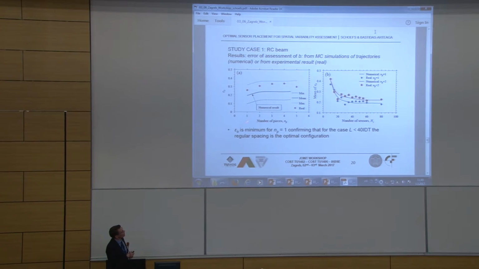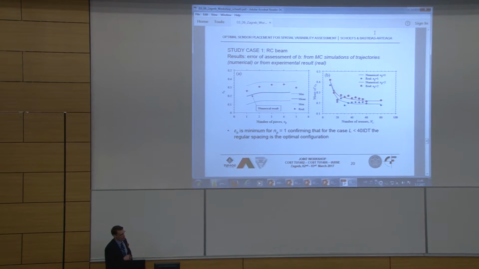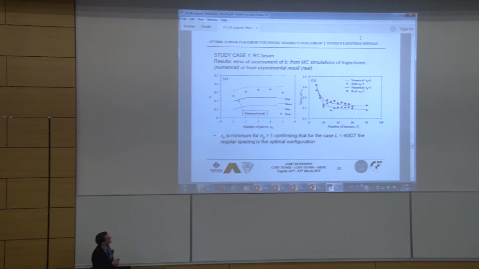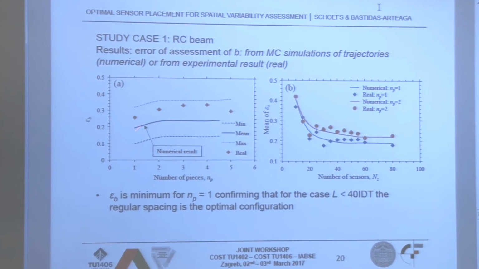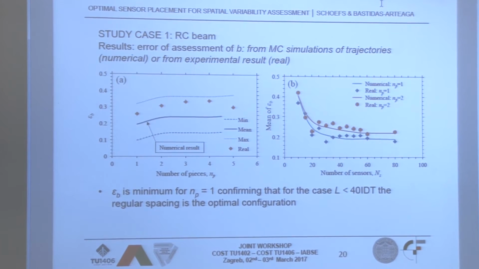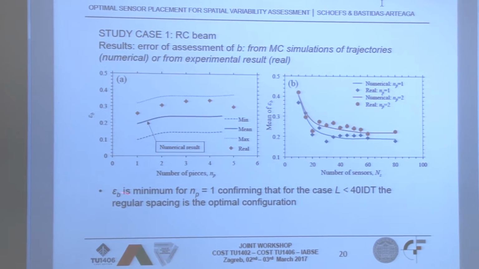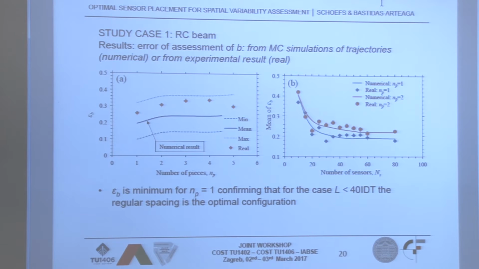So first, I will only focus on the value of the error. You can see that if you increase the number of pieces here, you will obtain an increasing value of the error. That means that the error is minimum for one piece, so that's the regular spacing of the sensors in that case.